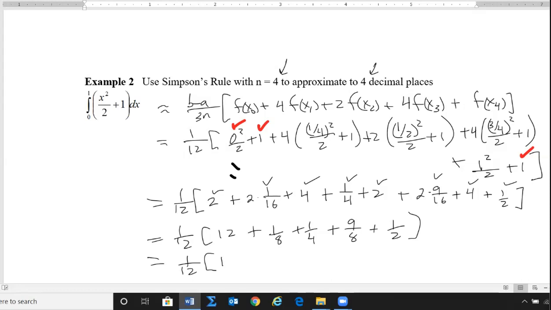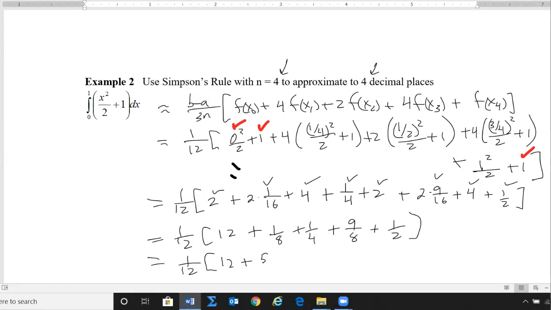This will be 12 plus 10/8, which is 5 over 4. 10/8, that's this and this.